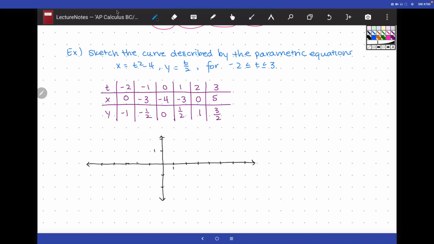And then we just plot the points. So the first point is 0, -1. The next point is -3, -1/2, -4, 0. Oh, that's where I was. -3, 1/2, 0, 1, 5, 1, 2, 3, 4, 5, 3/2.